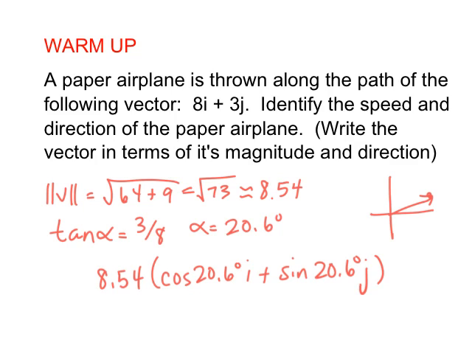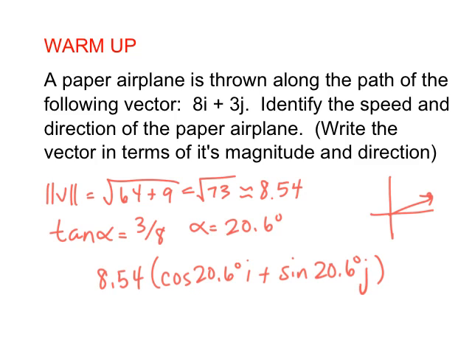Okay, so for the magnitude of this vector, you end up with the square root of 73, which is 8.54. And then I drew a quick sketch of the vector, over 8 up 3, and that helps me make sure I get my angle correct. So the angle of this vector you find by doing the tangent, which is y over x, and inverse tangent gets you 20.6, or 21 degrees.